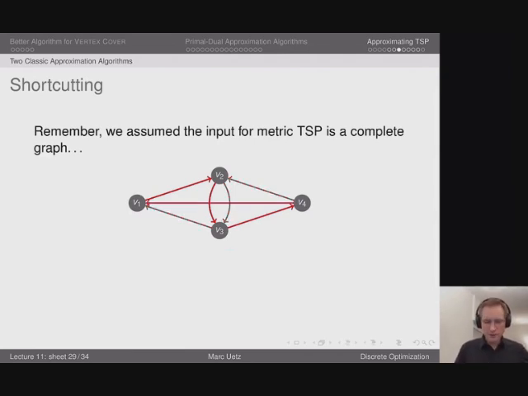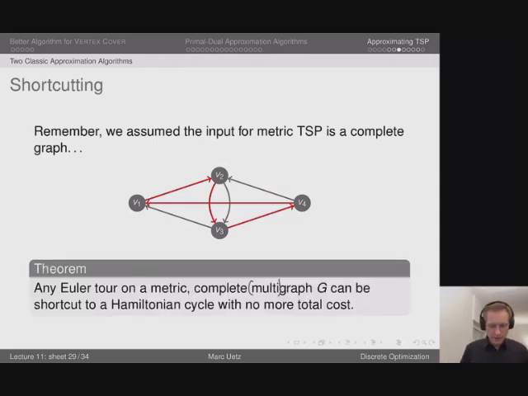So that would be the corresponding Hamiltonian cycle that we get. So, proof by example, this always works. Whenever you give me an Euler tour on a metric and complete graph or multigraph, I can shortcut it in exactly the same way to a Hamiltonian cycle with no more total cost.